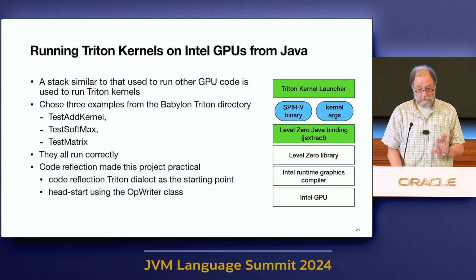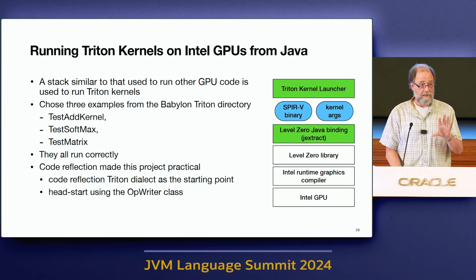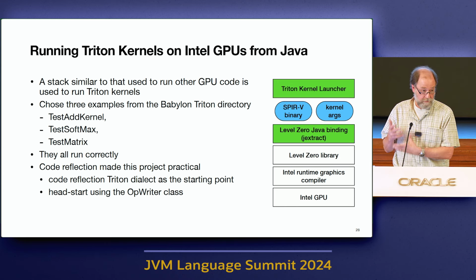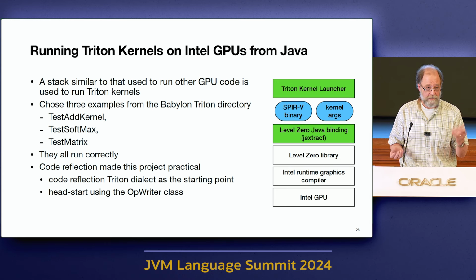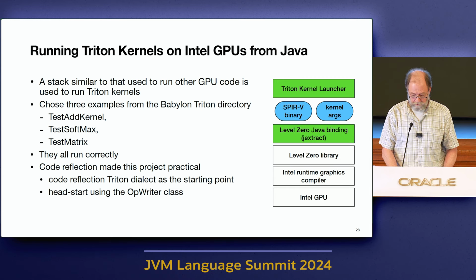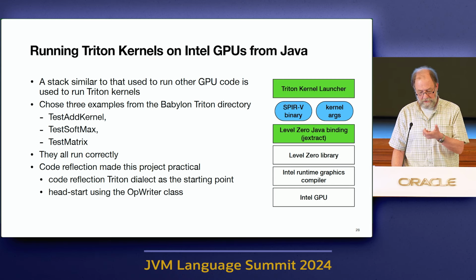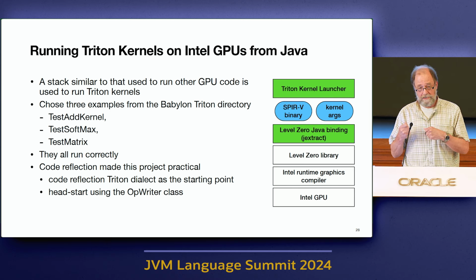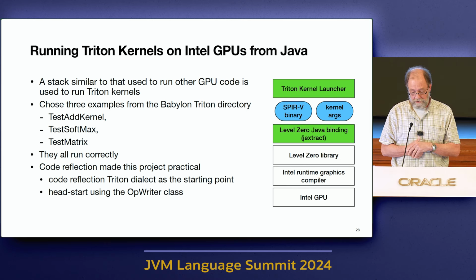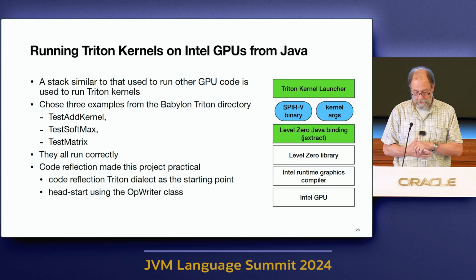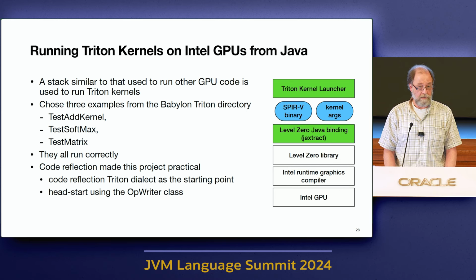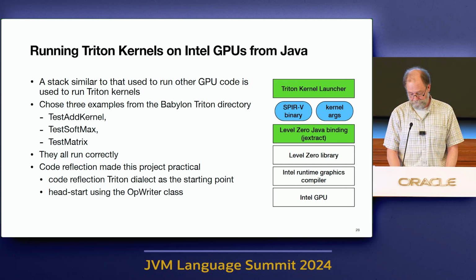And we only use the Intel backend in this case for translation. We're doing all the running in a stack that's essentially the same as the one we're using to run other GPU code, with just Java code. There's a little bit different launcher, and creating the args is a little different. There are some temporaries that Triton creates in its translation. But then we execute it using the Java binding to Level Zero.